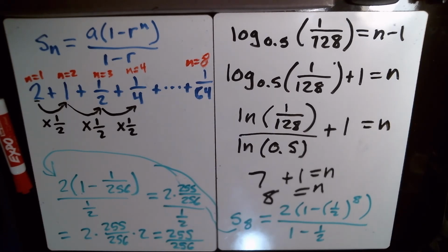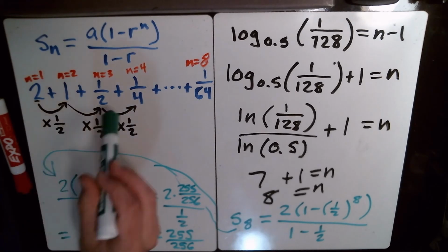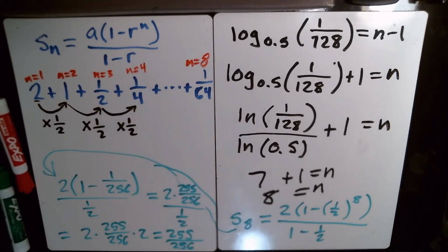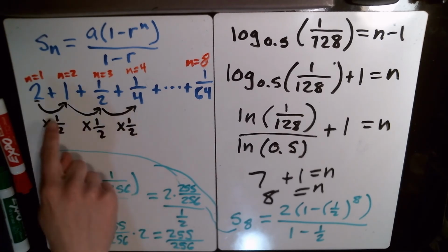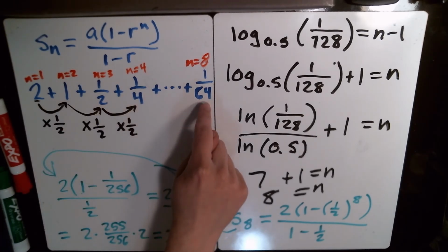So that is finding the sum for a geometric series where you're adding up terms. What we're going to do in the next video, which will be the last thing we talk about, is ask: can you actually keep this going?